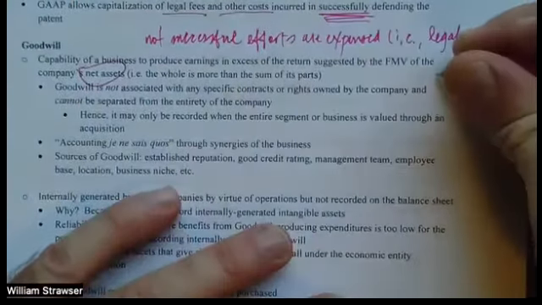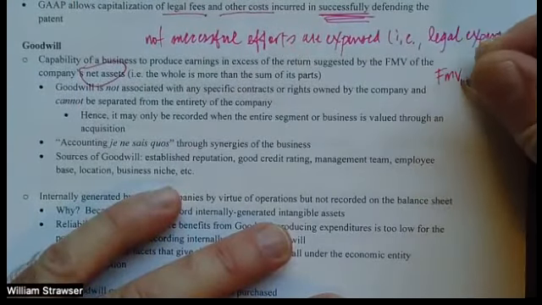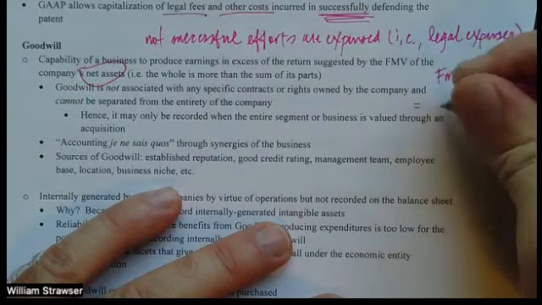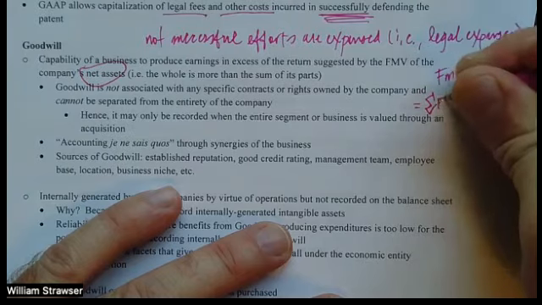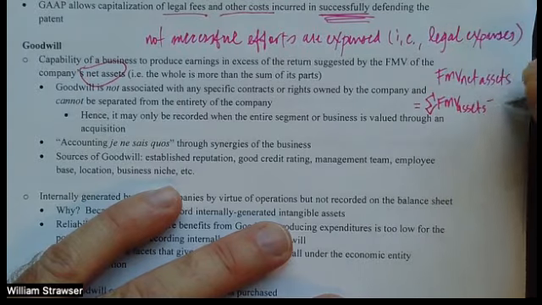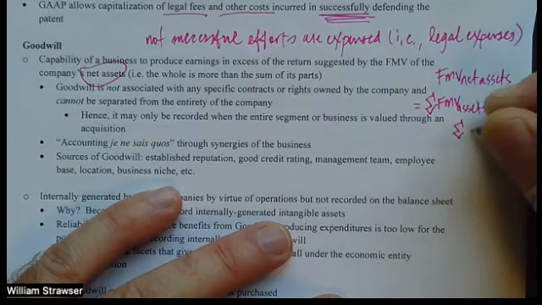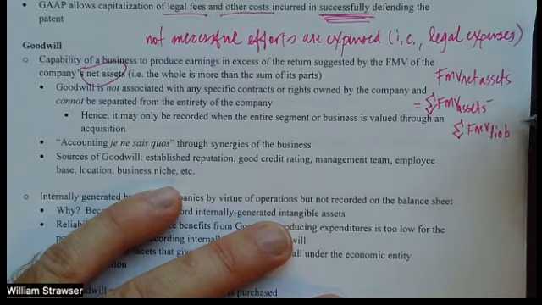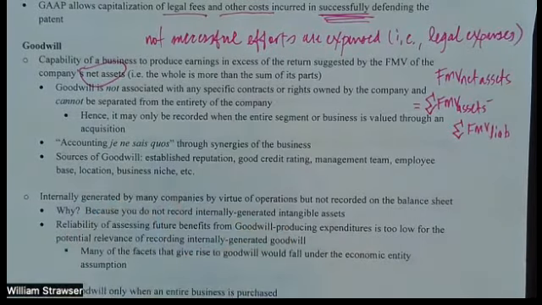So we're talking about the FMV of net assets, which means all I'm doing to establish this is summing up the fair market value of all my assets and subtracting off the sum of the fair market value of all my liabilities. I'm just going down and saying, all right, I think this asset is worth this much, add this next asset, which is worth this much, subtract this liability that is worth this much.